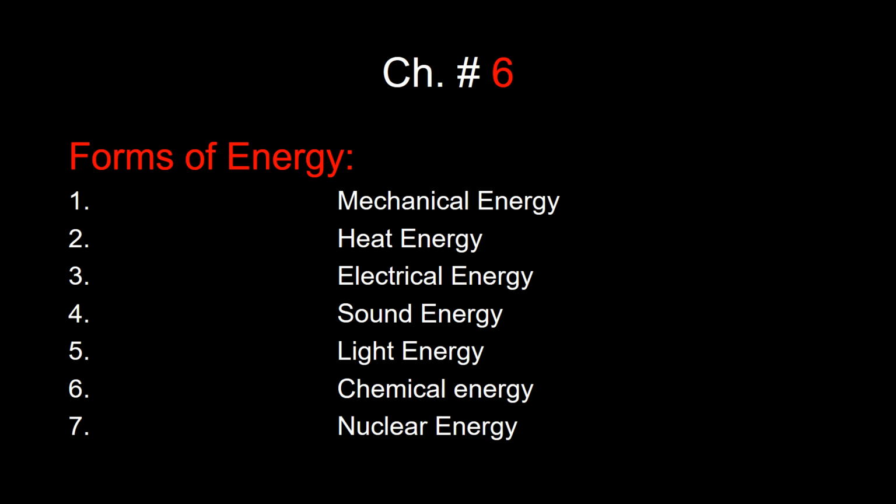And number 6 is the chemical energy. Students, chemical energy is present in our food. We take in food and that food contains chemical energy. The fuels are also having chemical energy. We get other forms of energy from these substances during chemical reactions.